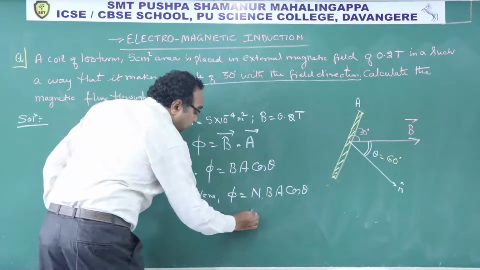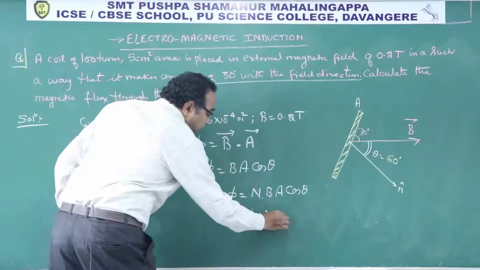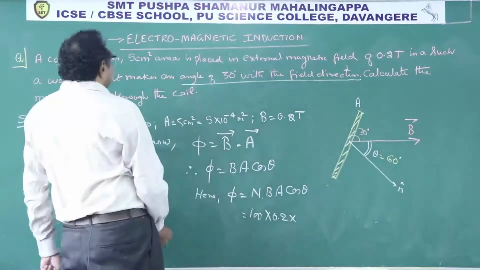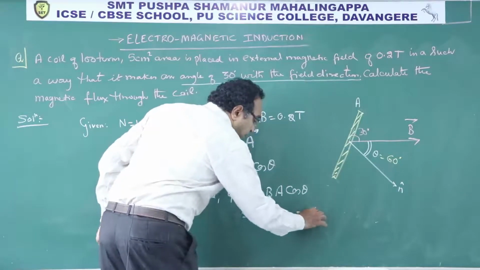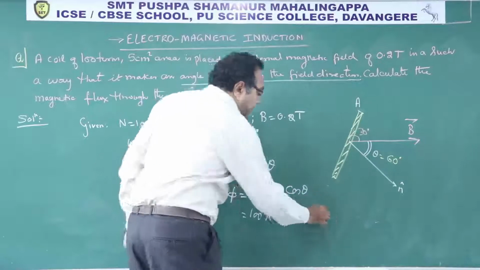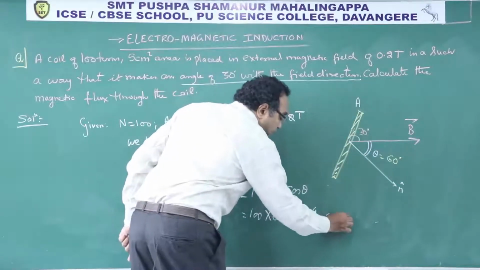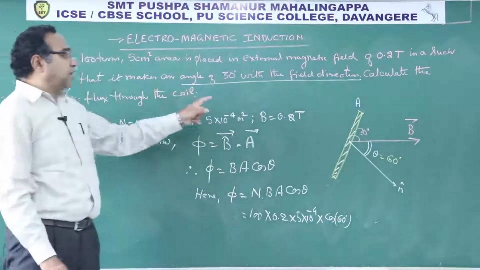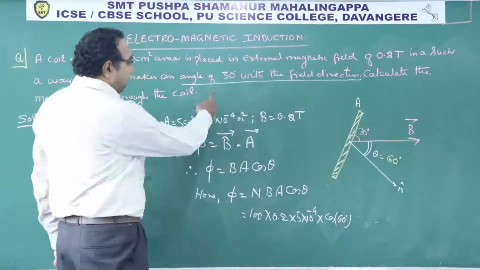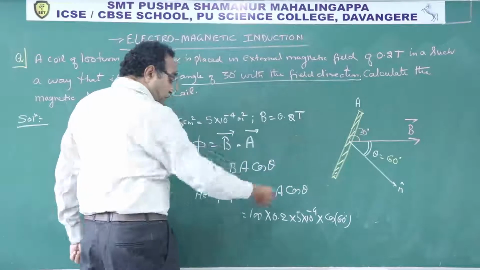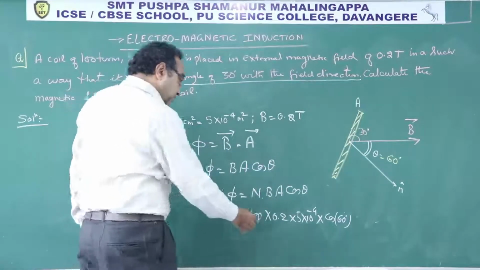So what we get now? N is 100, B is 0.2, area is 5 into 10 power minus 4, and cos 60. This is to be remembered. Just because an angle is given in the question doesn't mean you use that here. No, you have to be very careful. It is measured with what? So this gives us how much?